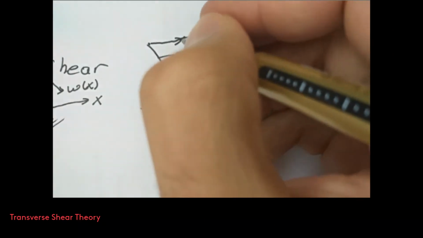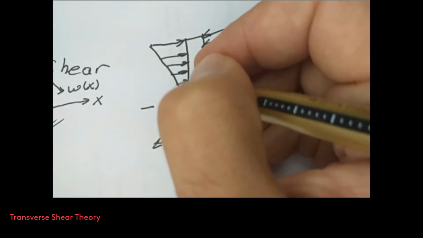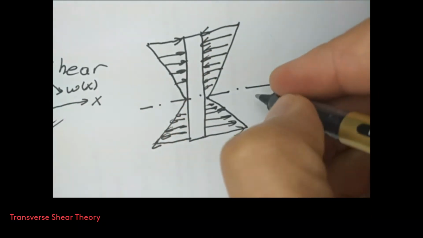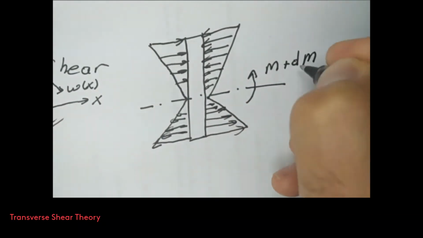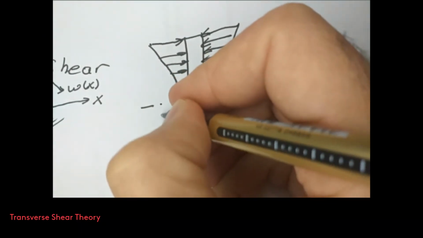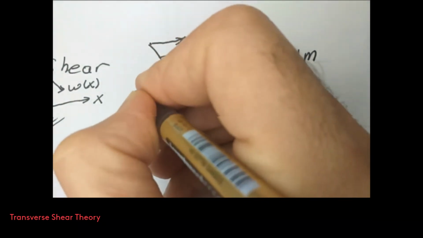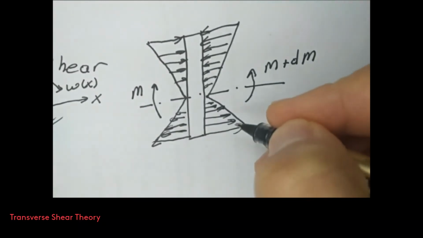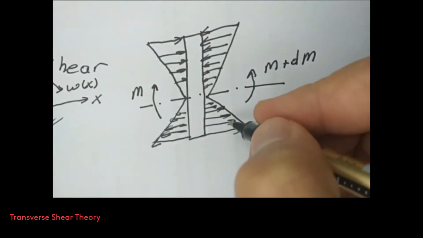So we have a force couple. We have the bending moment M plus dM, so the moment on either side of the slice may not be equal: it is M plus dM on one side, and M on the left-hand side. Certainly there will be a force couple.